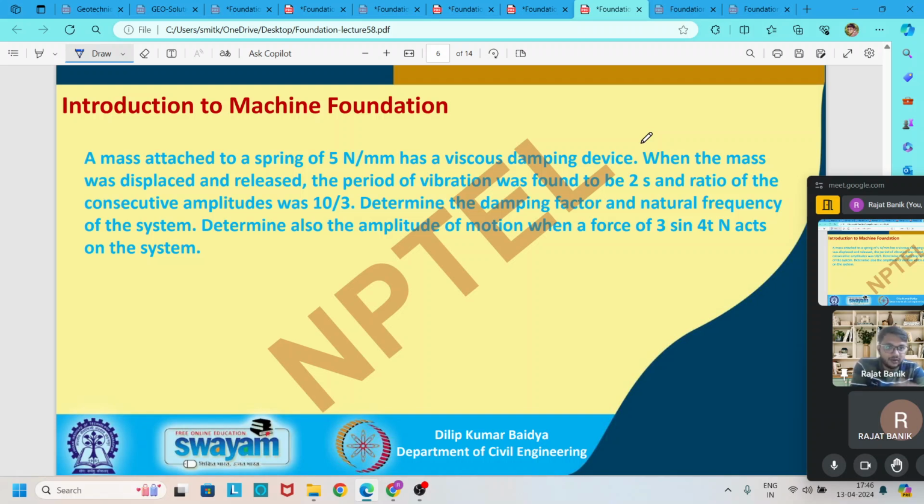So the time period is given, 2 seconds. The ratio of consecutive amplitudes is given, 10 by 3. That means the logarithmic decrement is given. Determine the damping factor and natural frequency of the system.